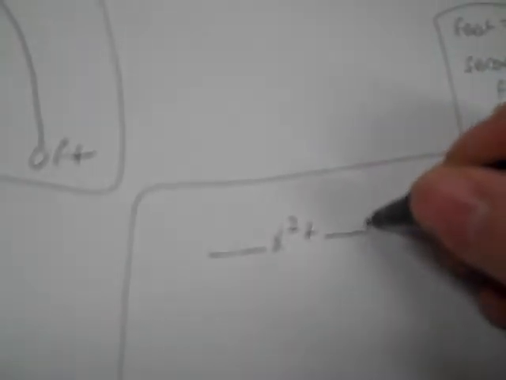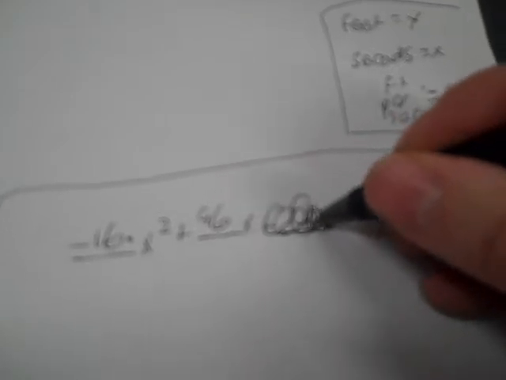So I set up my quadratic equation from the parabola. Blank x to the second plus blank x plus blank equals y. So gravity's here, negative 16. The feet per second is here, that's 96. Now 0 is your initial height, so you will not need that term, and then 0 is the ending height.